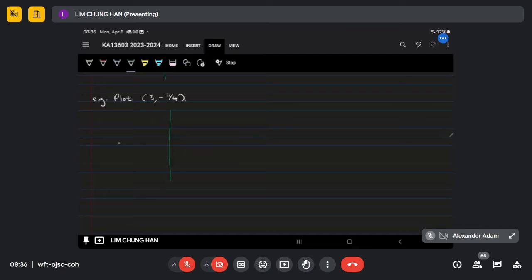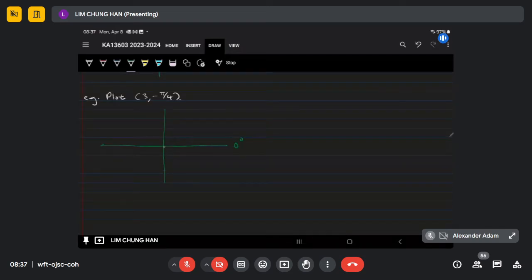So you always do the theta first. In this case, what is the theta? Negative pi/4. So that's negative 45 degrees, right? As I said earlier, if it's negative, you go clockwise direction from 0 degrees.